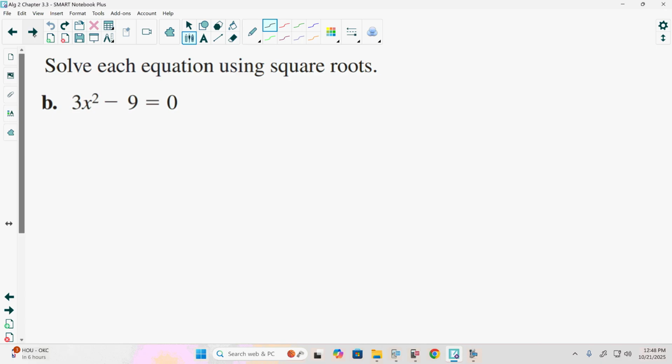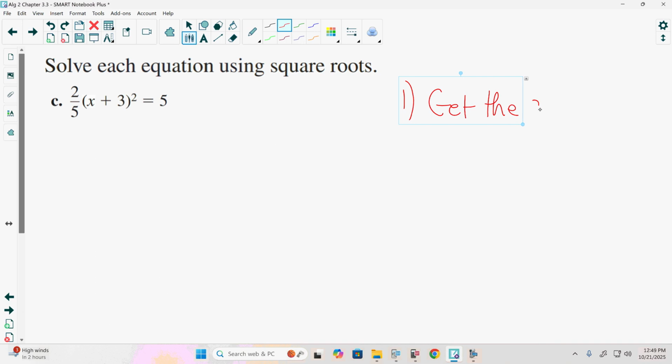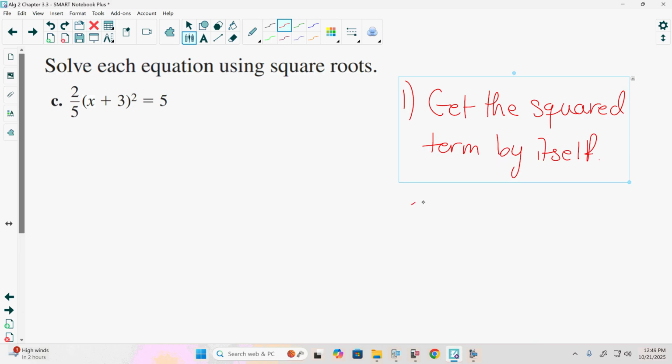Now, our square root method had a few main steps. First step is to get the squared term by itself.